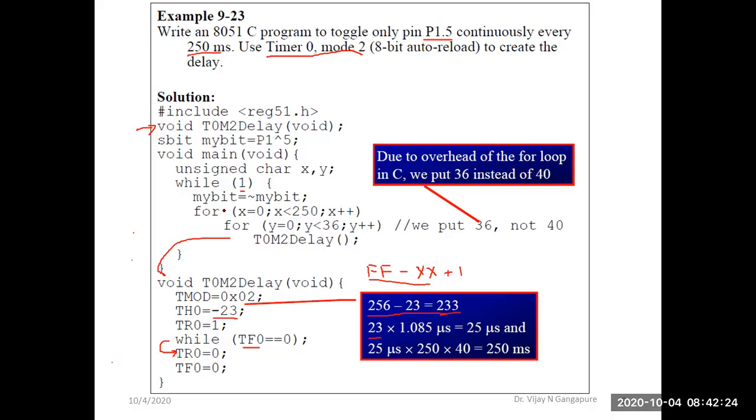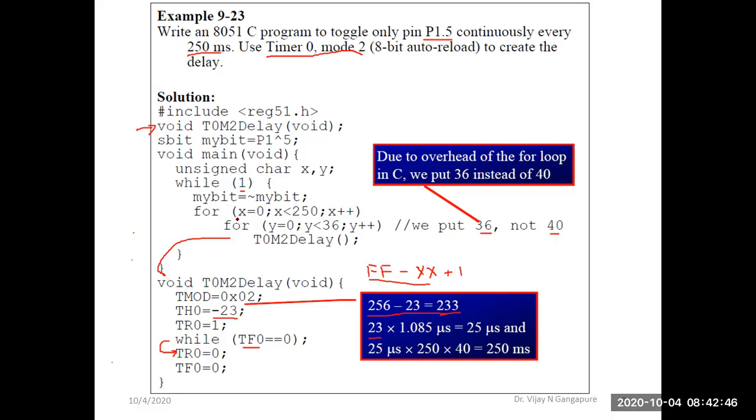Okay, so here the first for loop is 250, it is repeating 250 times. And the second for loop should repeat 40 times, but I have taken it as 36, which is 4 less, because there are overheads due to these two for statements.